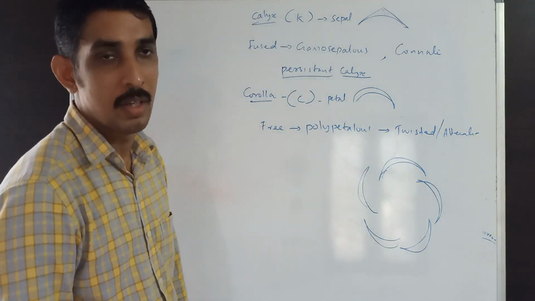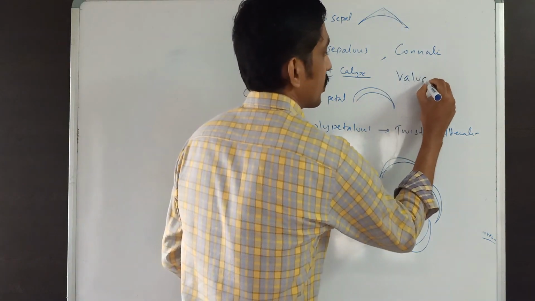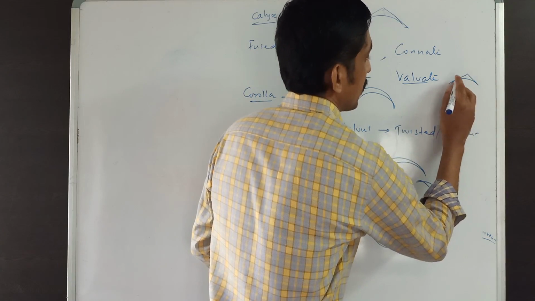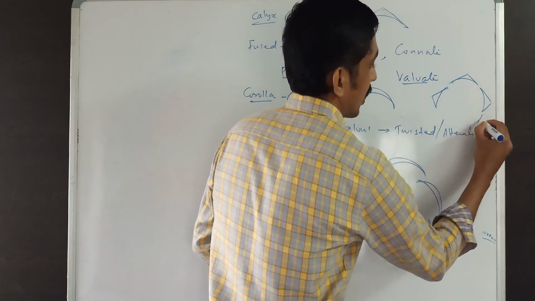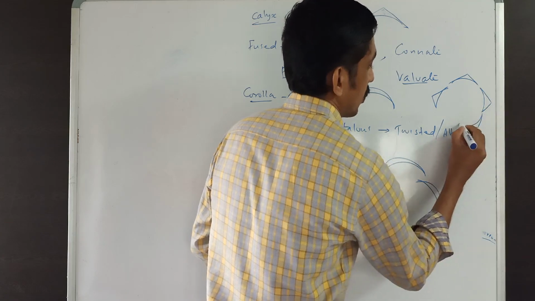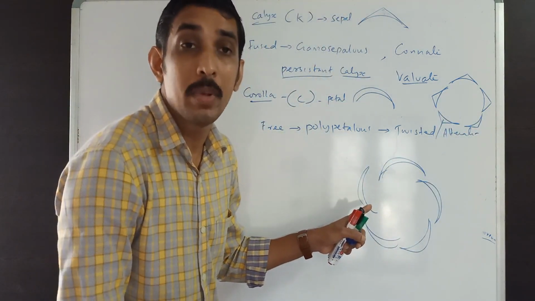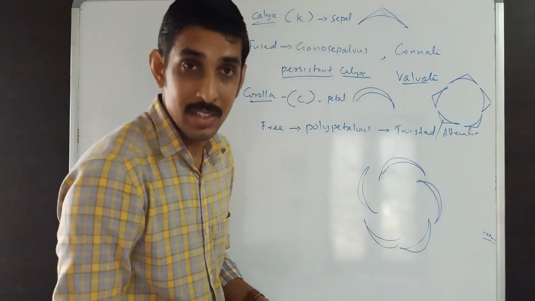Whereas in the case of calyx, its aestivation is valvate. All the sepals are arranged in a face-to-face manner without any overlapping, like this. Here in the corolla, all the petals overlap with each other in a particular direction.